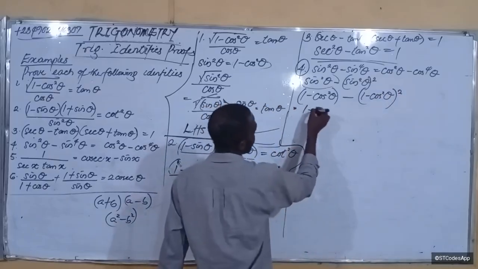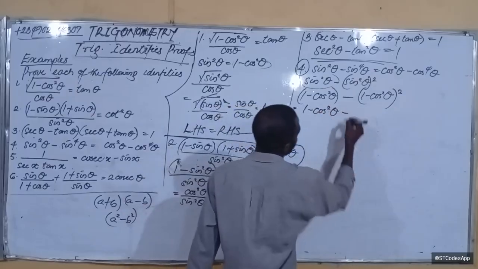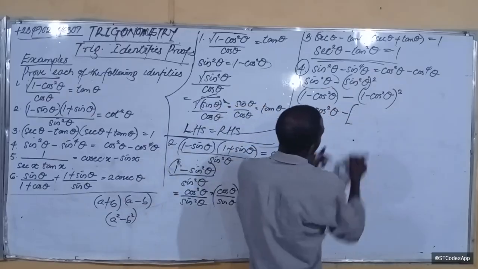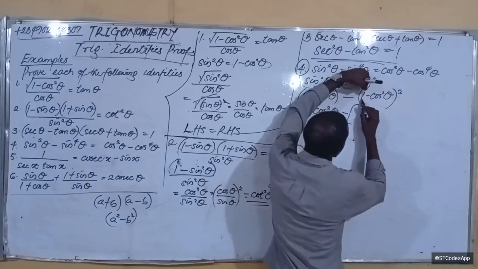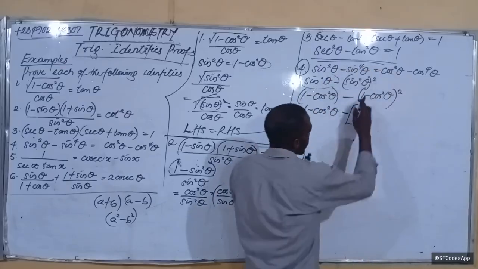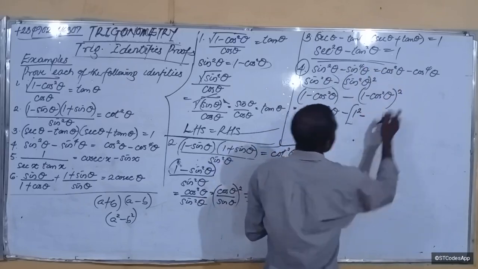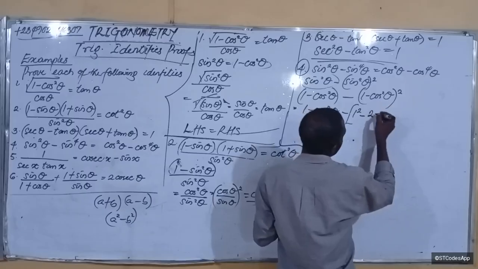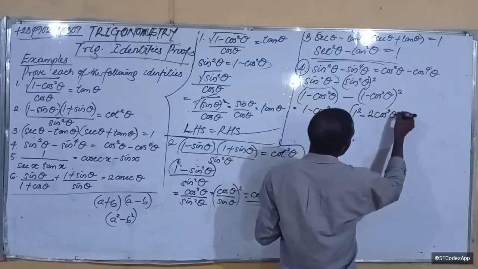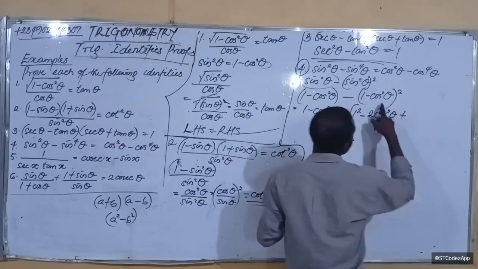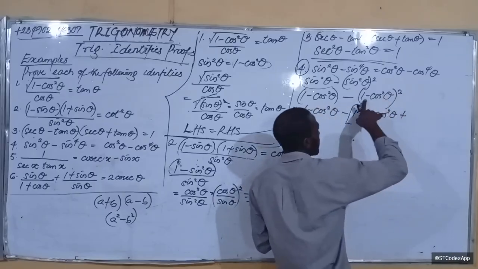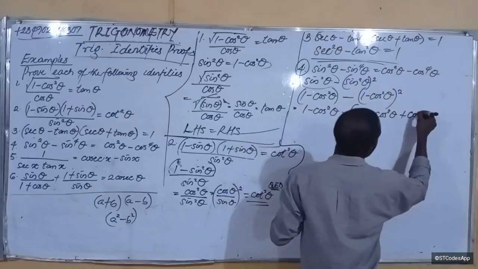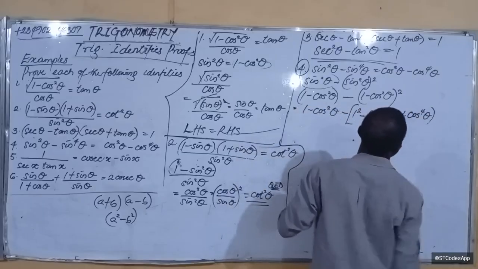So we have 1 minus cos squared theta minus, open square bracket, to square a number like this, square the first guy, 1 squared, minus 2 times 1 times this, minus 2 cos squared theta, then plus the square of this. If you square minus cos squared theta, it becomes cos raised to power 4 theta.